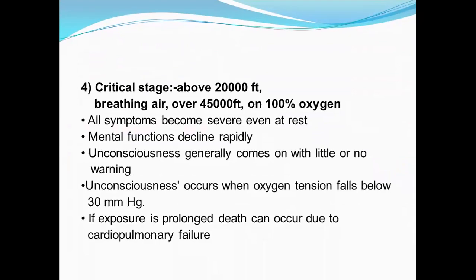All symptoms become severe even at rest. Mental functions rapidly decline. Unconsciousness generally comes on with little or no warning, and occurs when oxygen tension falls below 30 millimeters of mercury. If the exposure is prolonged, death can occur due to cardiopulmonary failure, and this is a very serious critical stage.